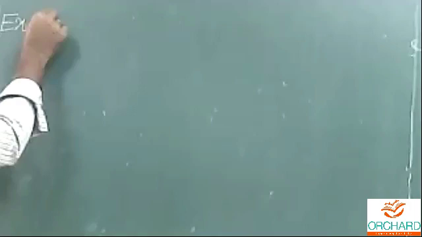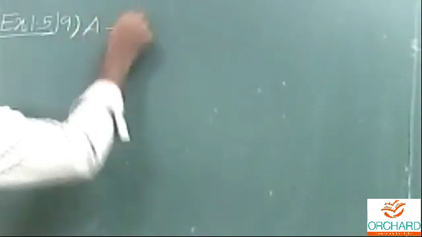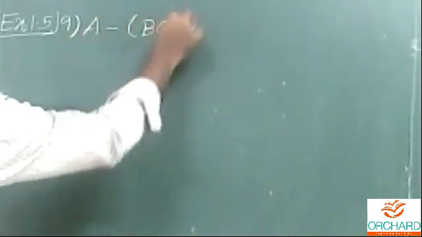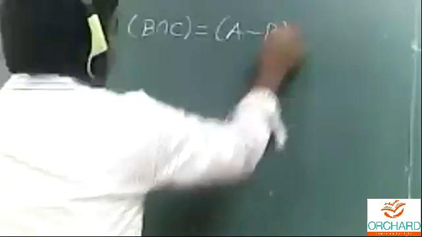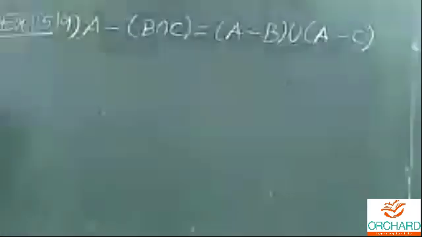Nine, that's the other De Morgan law of set difference. A difference, B intersection C, equals A difference B, union, A difference C.